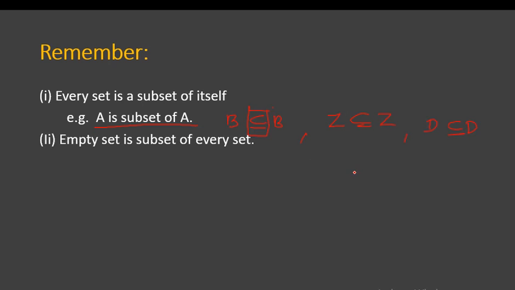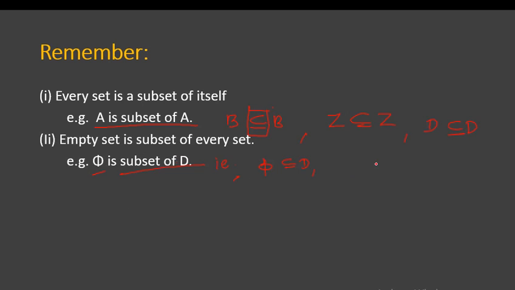The next point to remember is that the empty set is a subset of every set. Phi is represented as the empty set. So the empty set phi is a subset of D. Let's take another example, and see how we write this by using notation. So phi is subset of D. Let's take another set.